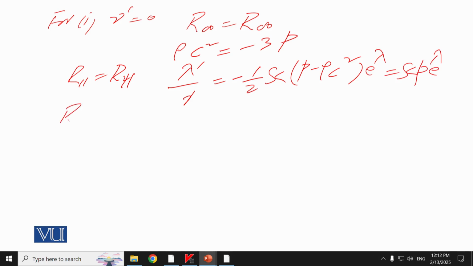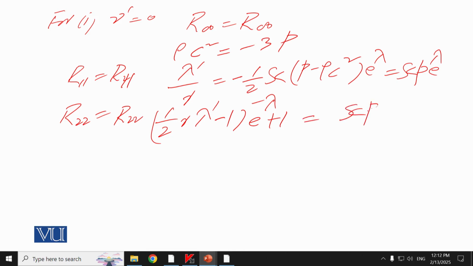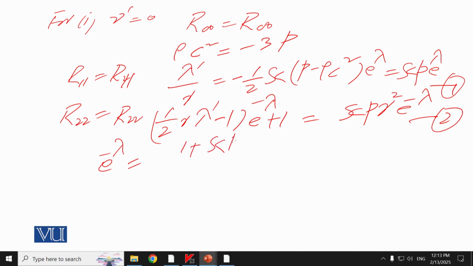And when we compare the R22 part, we have 1 by 2 (r lambda prime minus 1) e raised to power minus lambda plus 1 is equal to kappa p r square e raised to power minus lambda. Now, if we solve these two equations, say 1 and 2, we see that e raised to power minus lambda is equal to (1 plus kappa p r square by 2) over (1 plus kappa p r square).